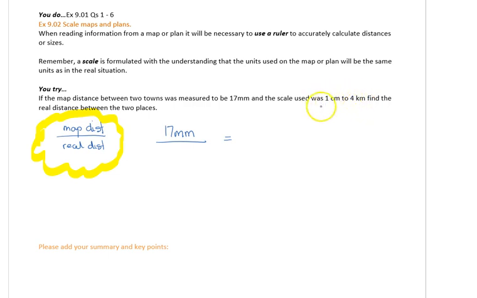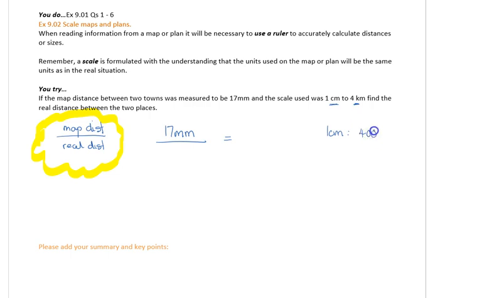Now, some problems with that. We can't have different units. So we need to do some work on the side before we can create a nice equation here by putting in our second fraction. So what do we know? 1 centimetre, let's stay with that, 1 centimetre. But what do we know about 4 kilometres?